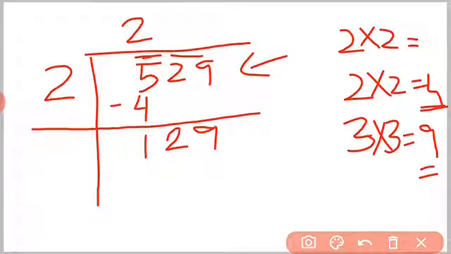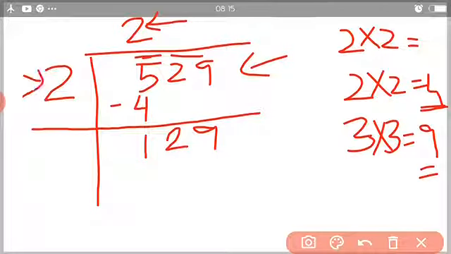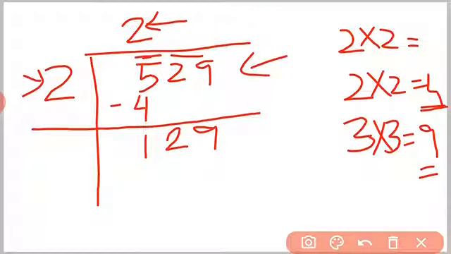Next step is what? We have to add this quotient and the divisor and write the number over here. So when we add these two numbers, what do we get? Yes, we get 4. 2 plus 2 is 4.